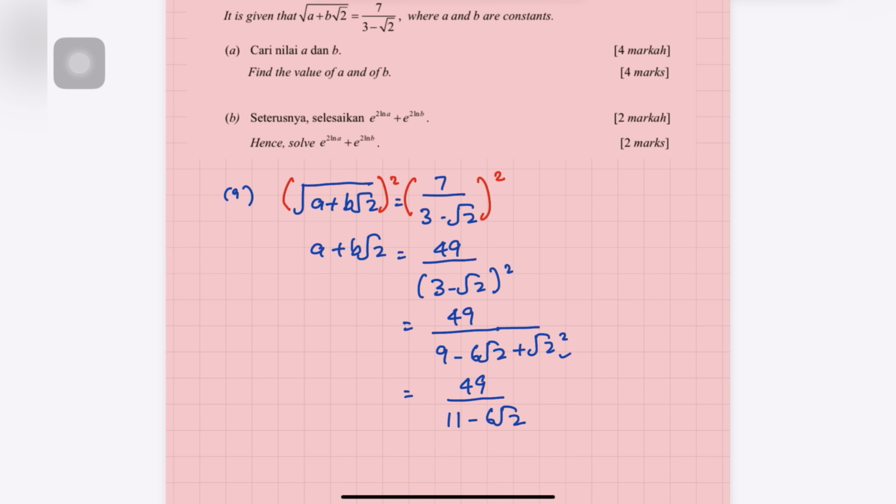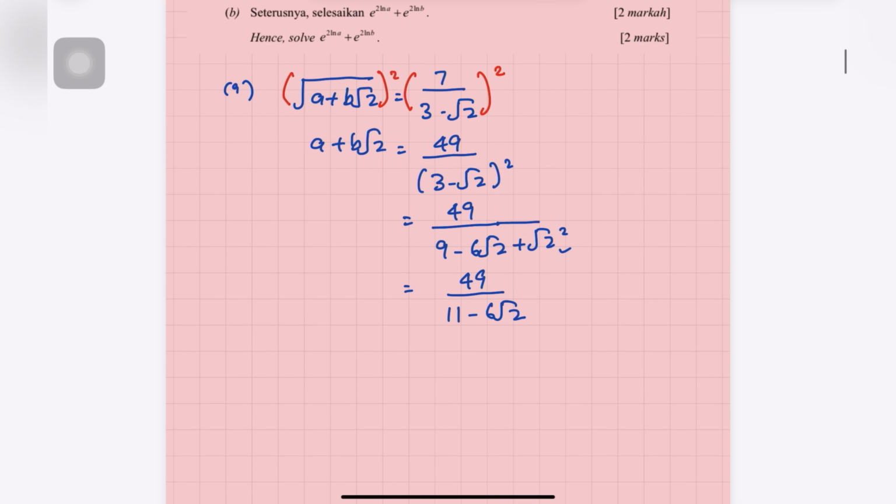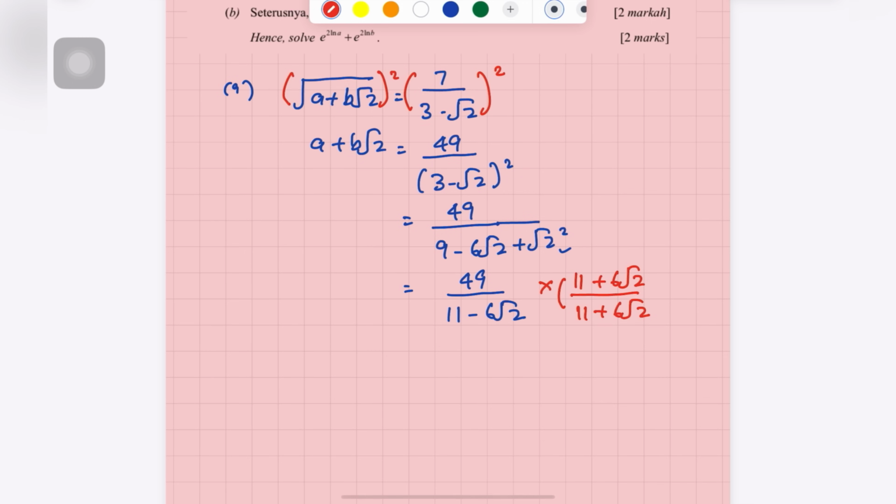Okay, so this one is not in simplest form, so we have to rationalize. We have to multiply by the conjugate. So times (11 plus 6 root 2) over (11 plus 6 root 2). Okay, so we simplify.